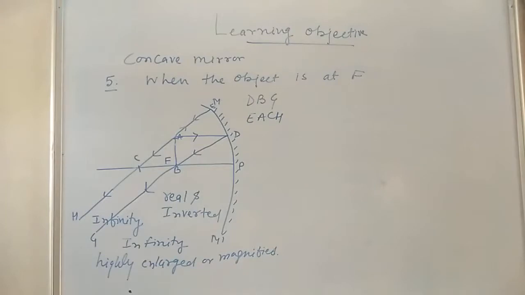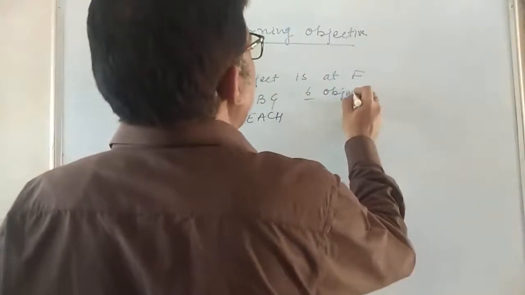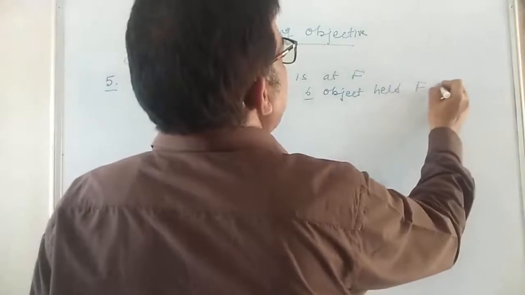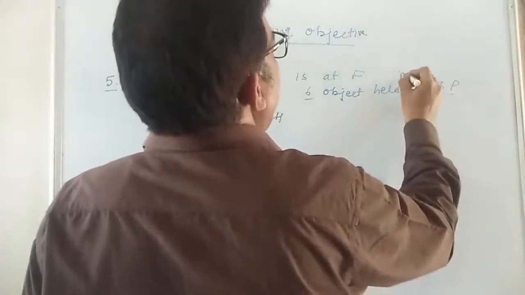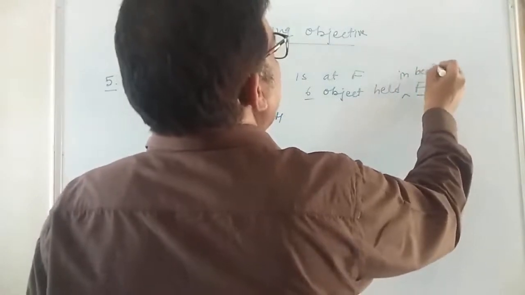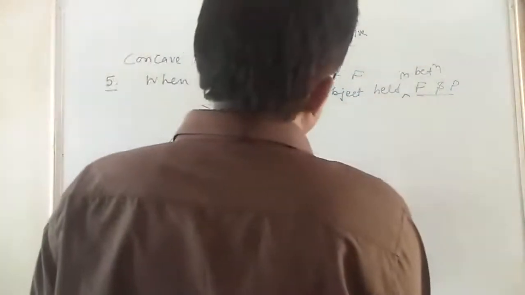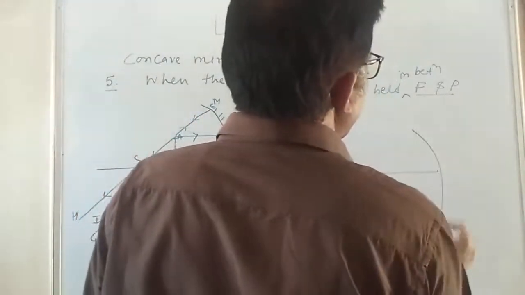When the object is held in between the focus and pole. Okay, now here is the principal axis.